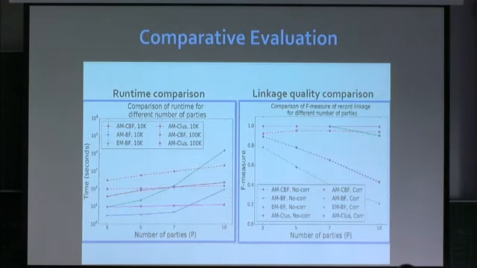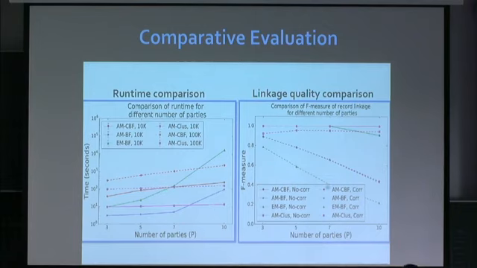And here we compare our multi-party privacy preserving record linkage techniques with a state-of-the-art exact matching technique based on Bloom filters proposed by Lai et al. And as you can see, as we expected, the clustering based approach performs well by requiring lower runtime and achieving higher F-score.